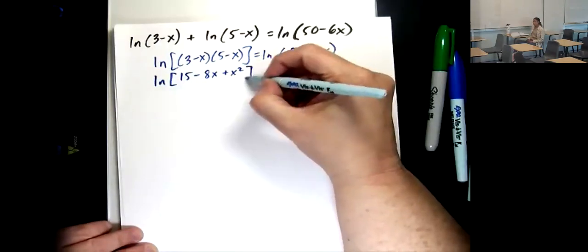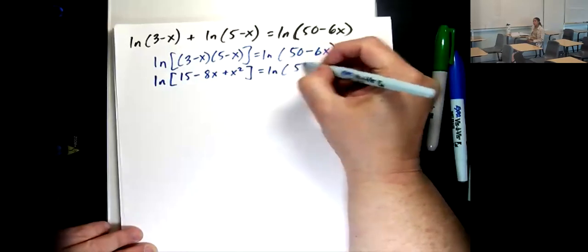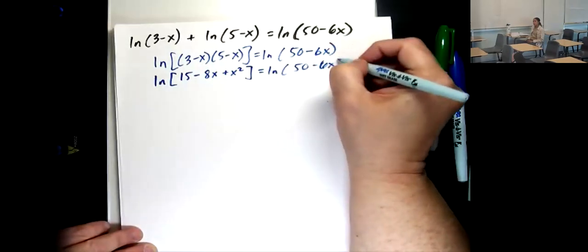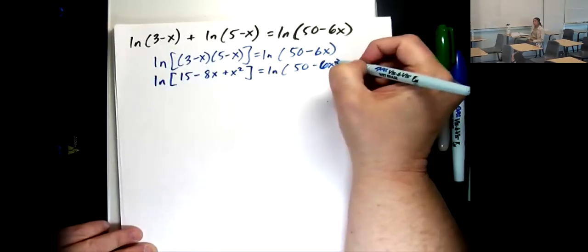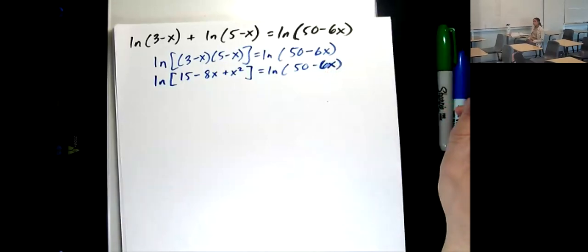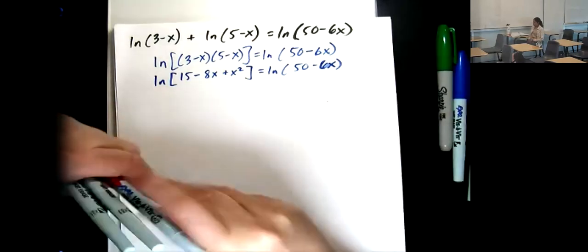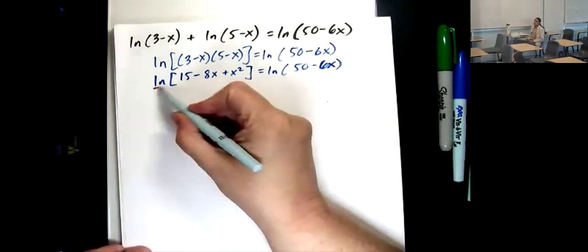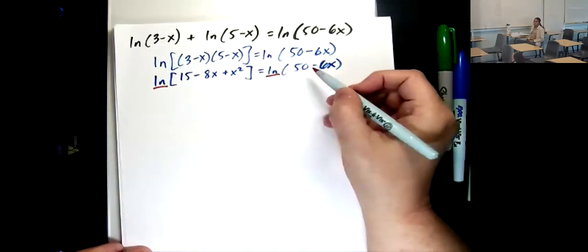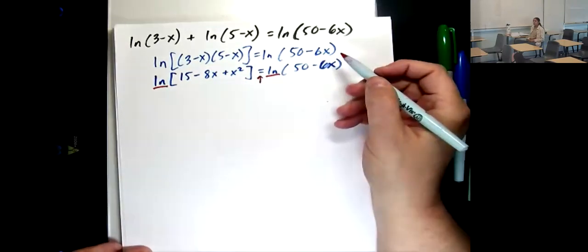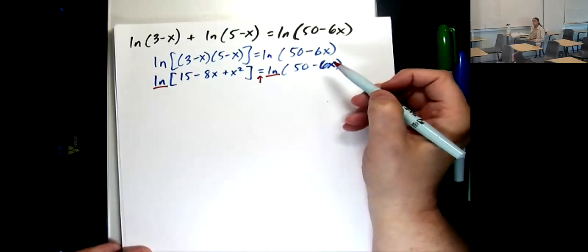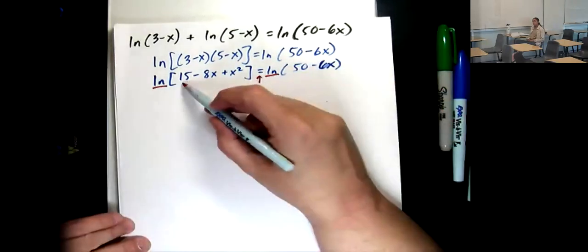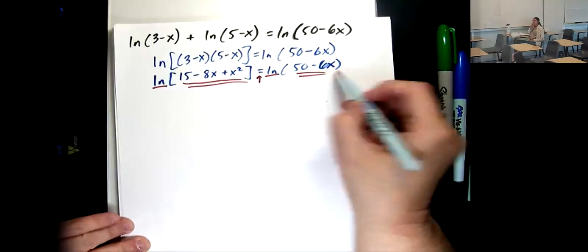And I realize that's not in proper order, but we'll clean it up in a second. Now, a couple ways forward. You can recognize that if this is natural log and this is natural log and that's an equal sign, the only way these two things are equal is these two have to be equal.